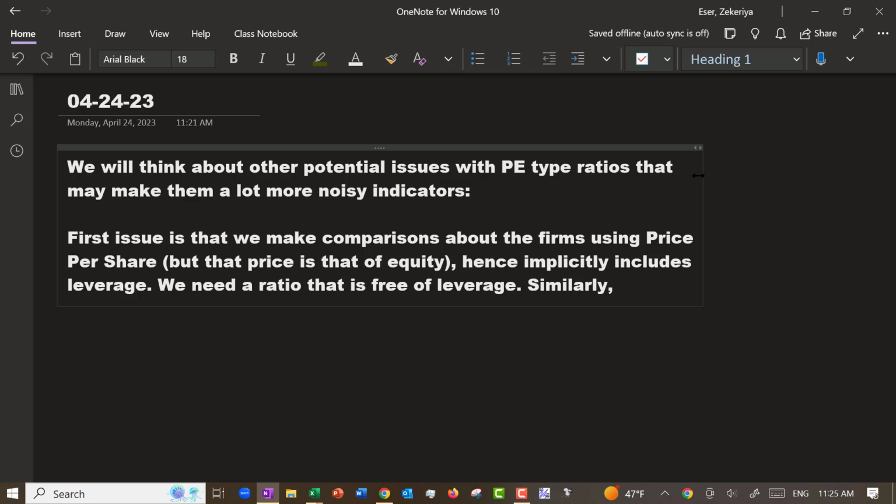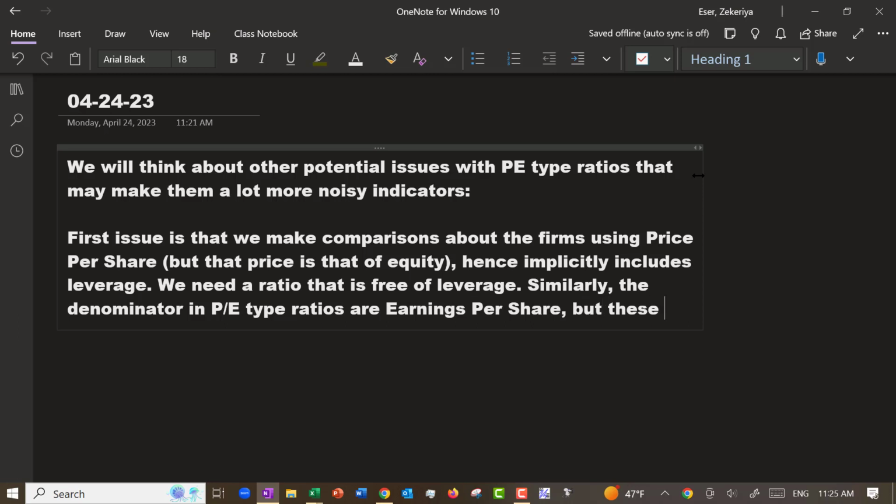Similarly, the denominator in PE type ratios are earnings per share. These are accounting earnings.